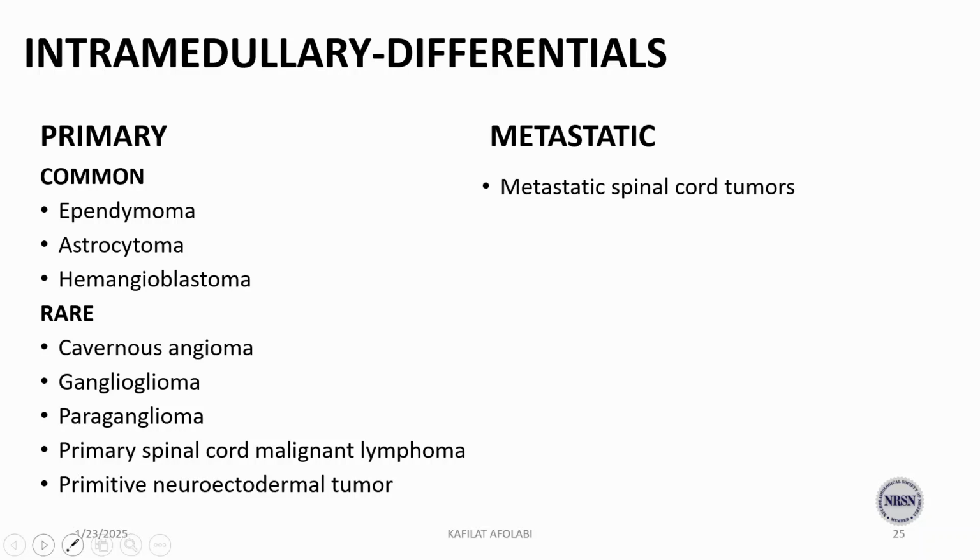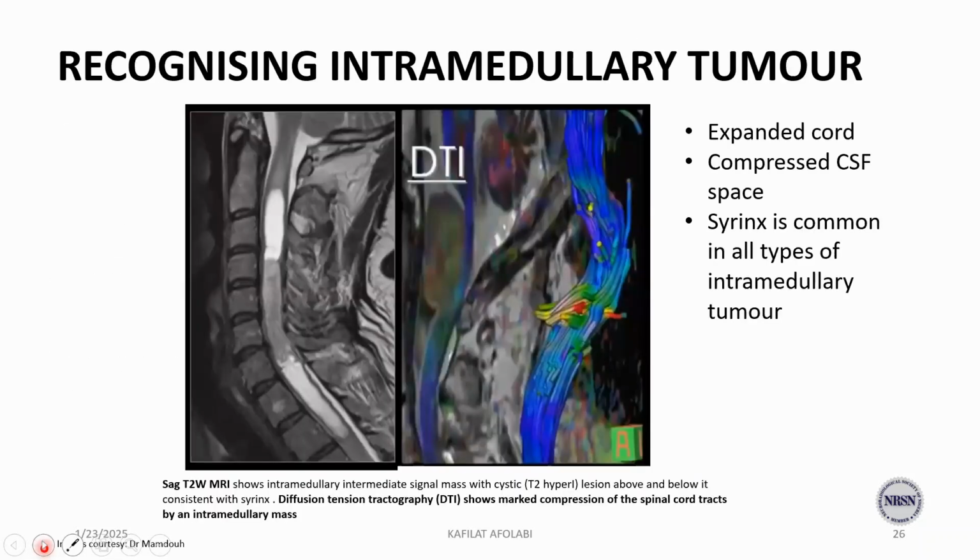Other rare intramedullary lesions are cavernoma, ganglioglioma, paraganglioma, and malignant lymphoma, among others. So the first step for every lesion, we have to recognize where the lesion is. An intramedullary lesion usually expands the cord. We have seen that the other groups did not expand the cord substance itself. Because these lesions are within the cord, they expand the cord.